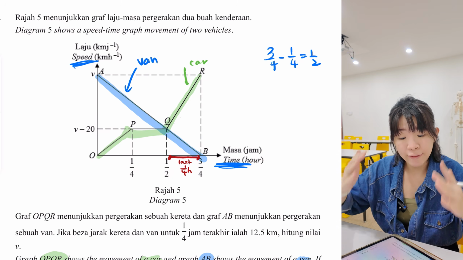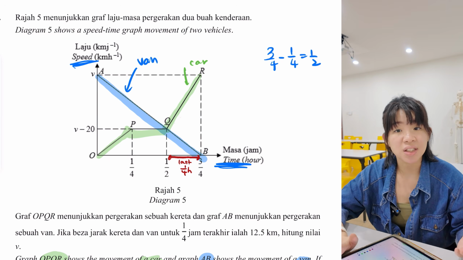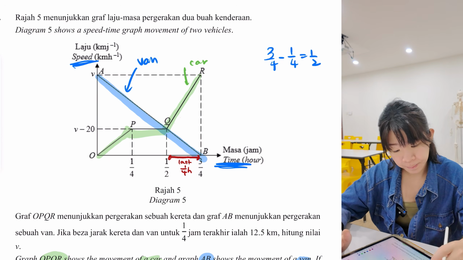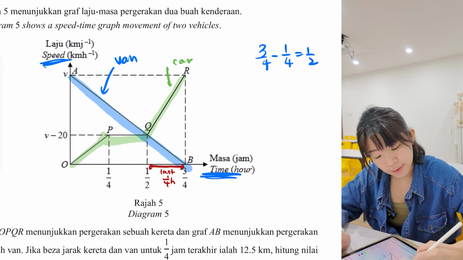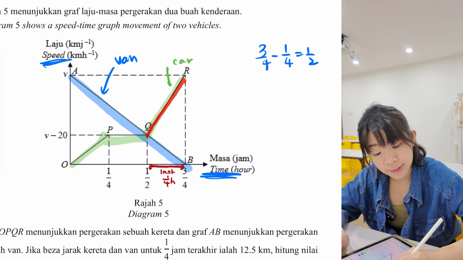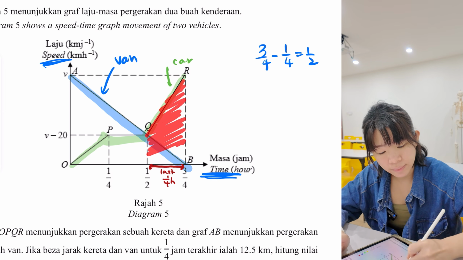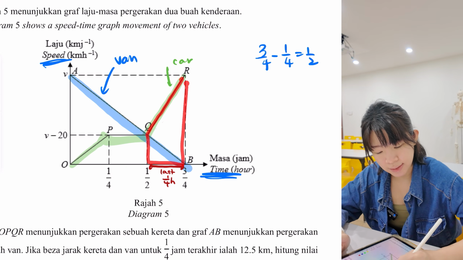Here they say the difference of these two distances equals 12.5. Which distance is bigger? We need to take big minus small. Is the car bigger or the van bigger? Look at the car first. For the last 1/4 hour, the line goes up, so the area under the graph forms a trapezium. Quite a big area, isn't it?